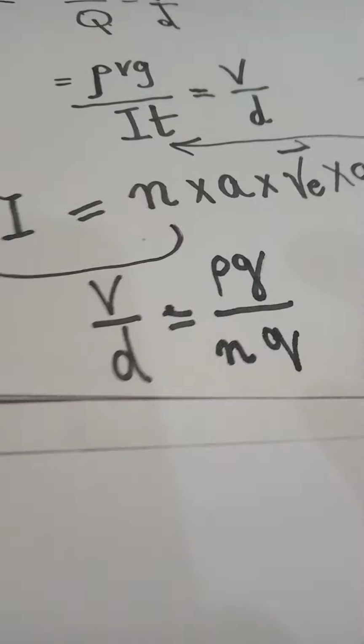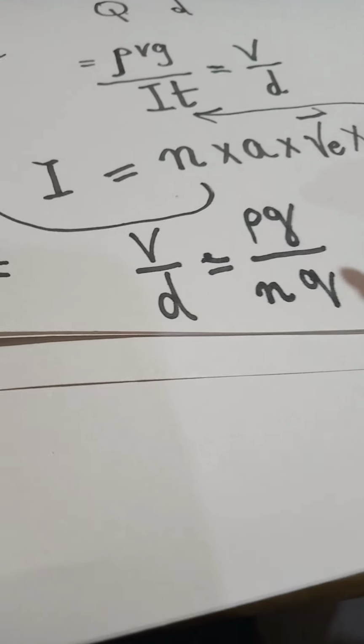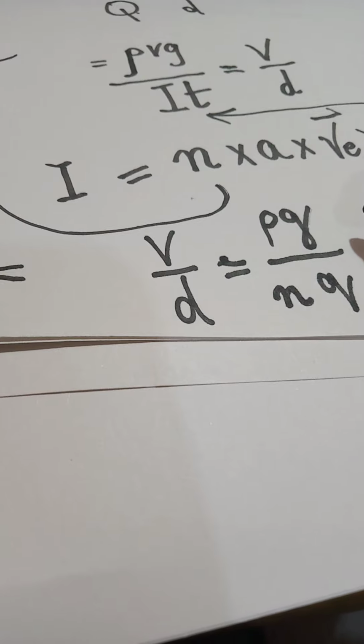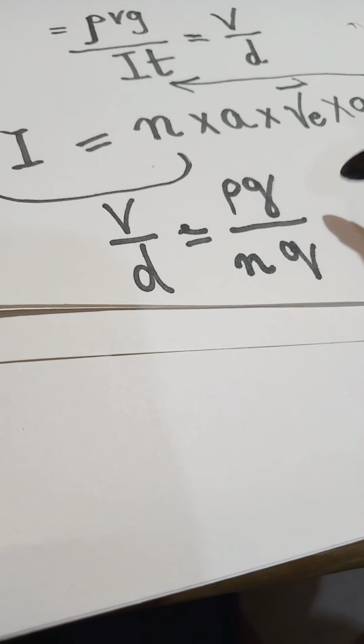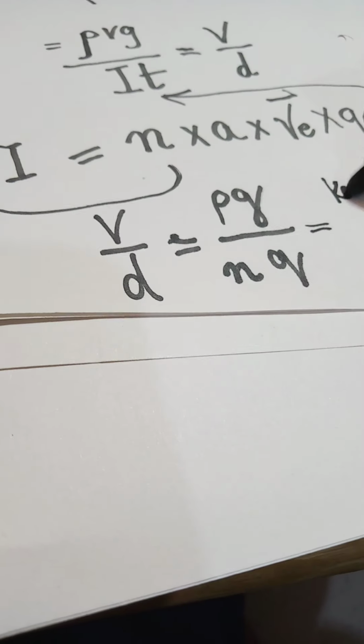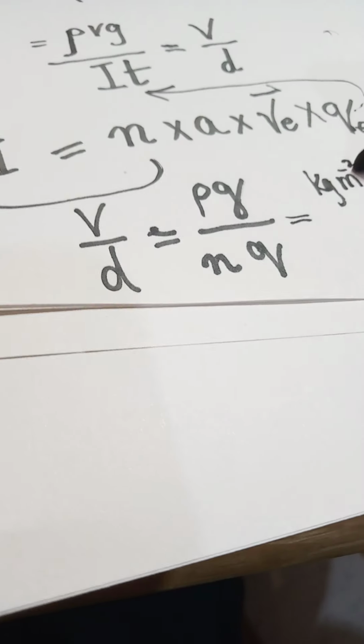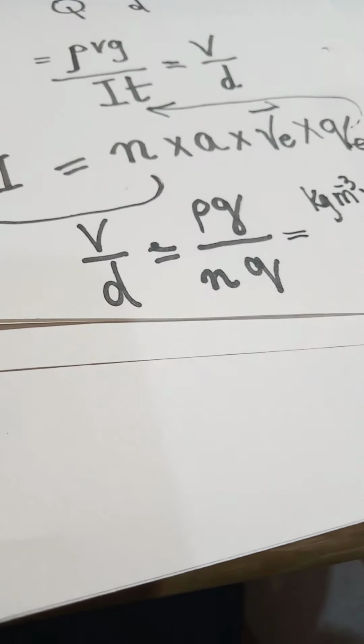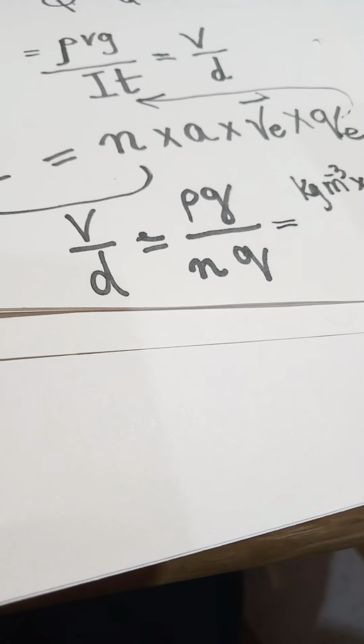So now we need to find out whether this equation is homogeneous, whether it comes out to be either in newtons per coulomb or volts per meter. So if we do kg per meter cubed times newton per kg, we could cancel out the kgs, and then we've got coulomb down here, and then we've got a number.